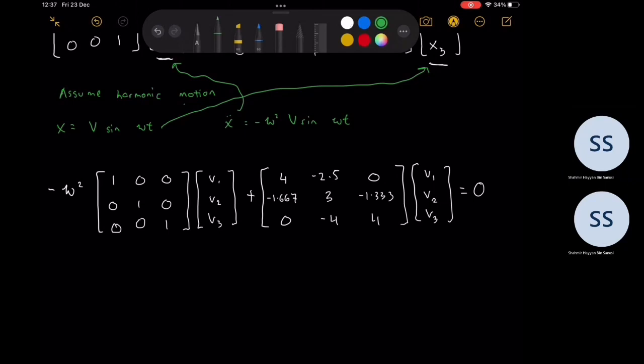Next, we rearrange so that it will be in the form of A minus lambda I equals 0.